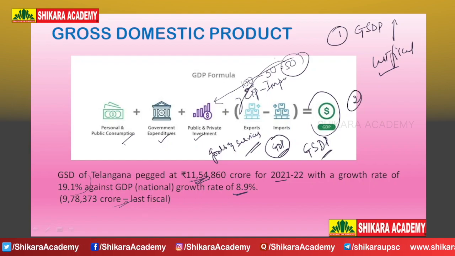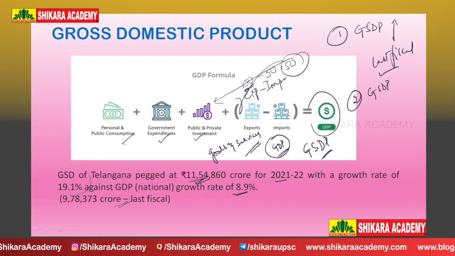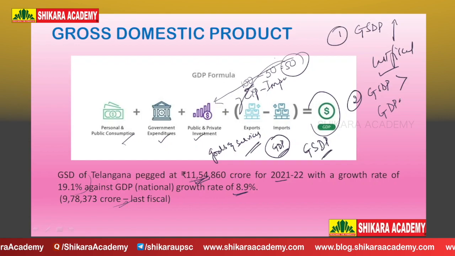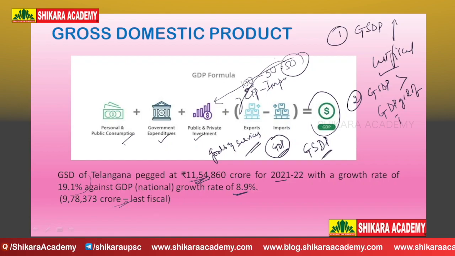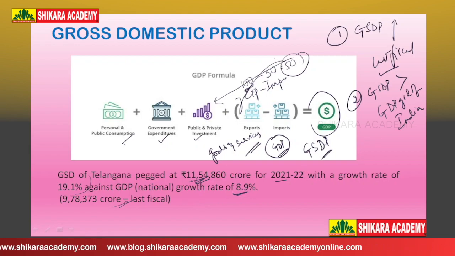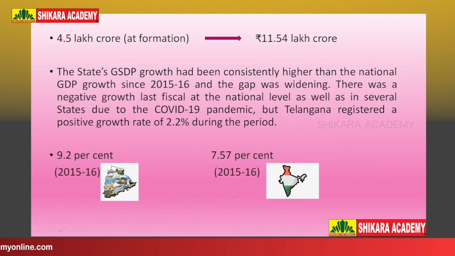And the second and most important point is that the growth rate of Telangana's GSDP is higher than the GDP growth rate of India. Again, the growth rate of Telangana for 2021-22 is 19.1% against the GDP growth rate of 8.9%. So the growth rate of Telangana is much higher than the growth rate of India.